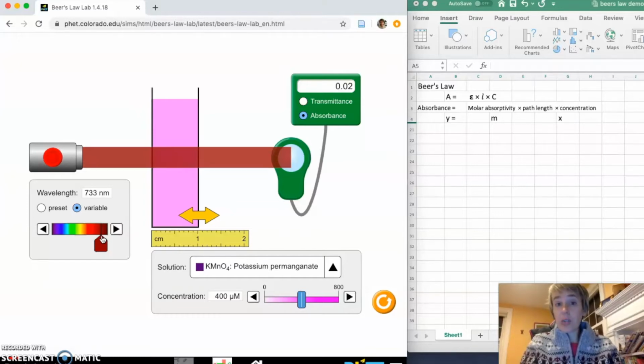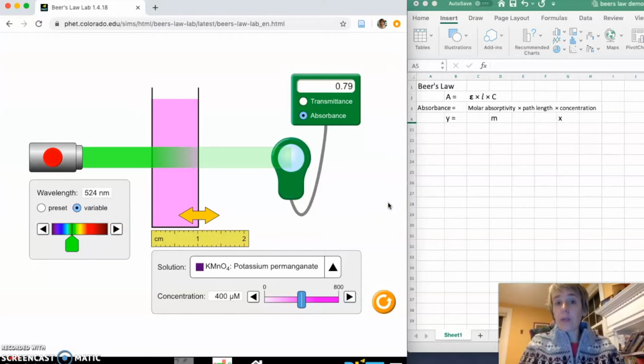You could actually use almost any wavelength where there is absorbance, but we want to use the wavelength with the peak absorbance just because it gives us the most signal, the most information to measure. So I'm going to slide this over, and it looks like my peak is right around 524 nanometers. So we're going to stick with that 524 for the rest of our experiment.